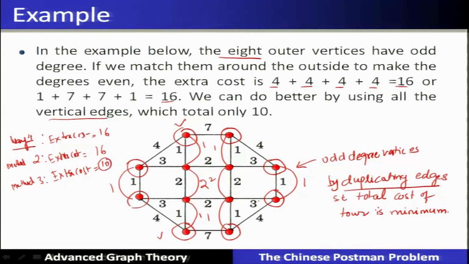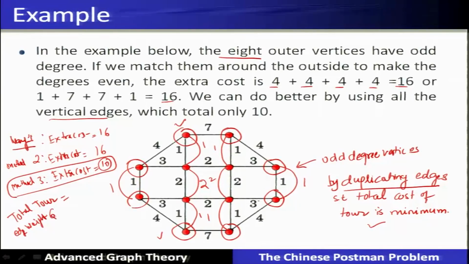So method 3 basically requires the minimum cost to make this graph an Eulerian graph. So the total cost of a tour will become the edge weights of the graph G plus this extra cost, and hence having converted it this way, this Chinese Postman problem can be solved. This optimization problem we can solve in this particular problem setting.